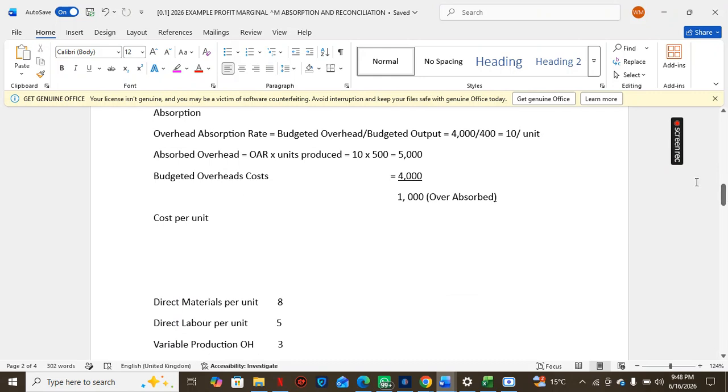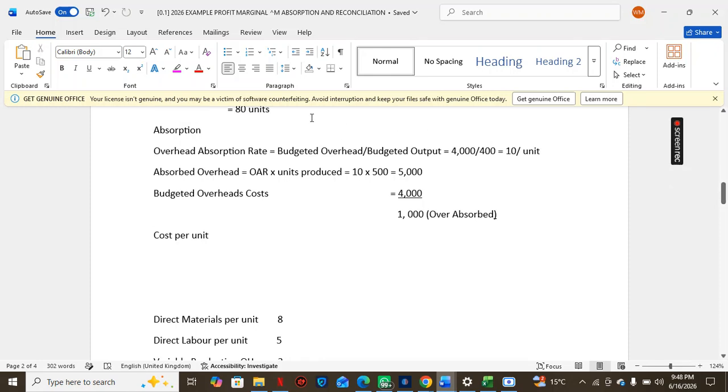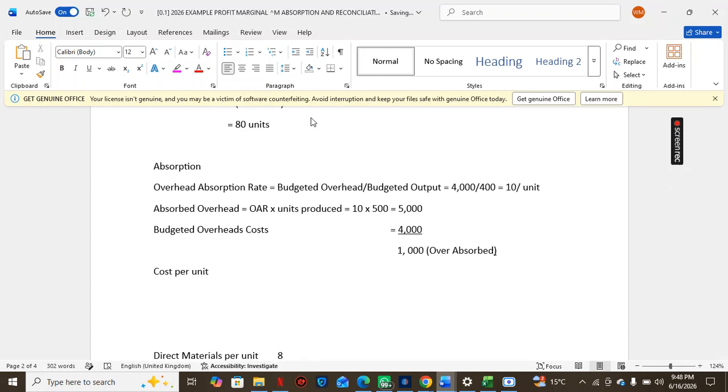Step two: get the overhead absorption rate and determine if there is under or over absorption.